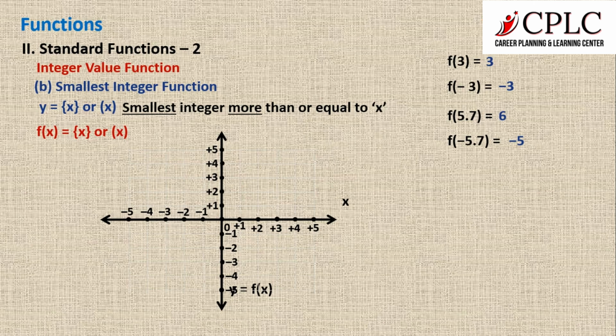So the smallest integer value function ka graph will look something like this. In a way a step function only, but slightly different than the previous one.